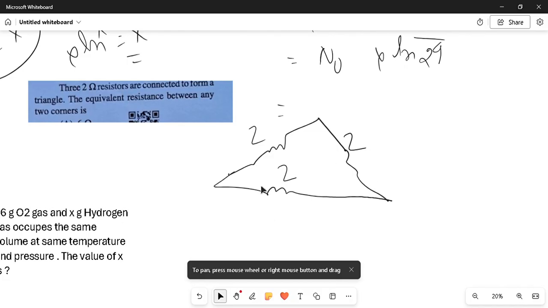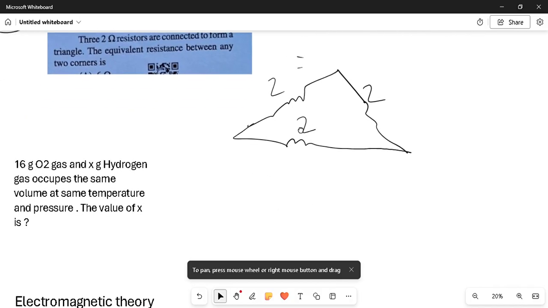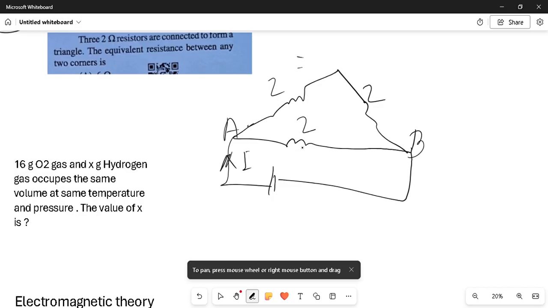If we apply EMF at these 2 points, corner A and B, current flows this way: this is I, this is I1, this is I2. So the same current I1 flows through these two resistors, so these two resistors are in series.